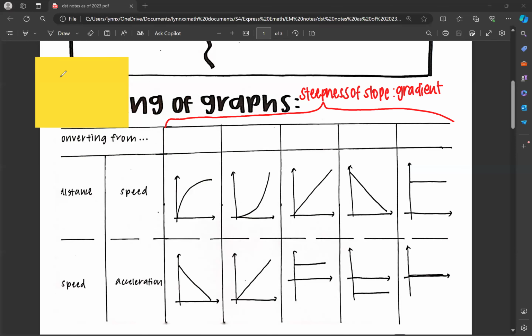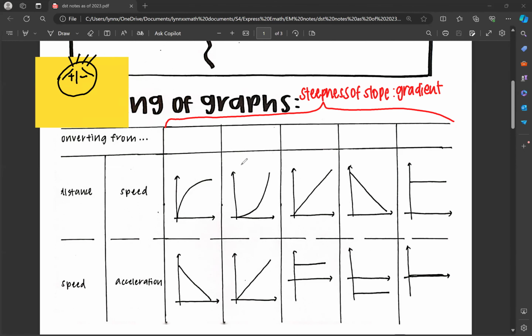How many types of lines do we always have? 4. So Mr. Gradient has 4 strands of hair to remind me that there are 4 kinds of lines. What's the first kind of line? A downslope diagonal means it's here. What kind of gradient? Negative. What else? An upslope diagonal is positive. What else?